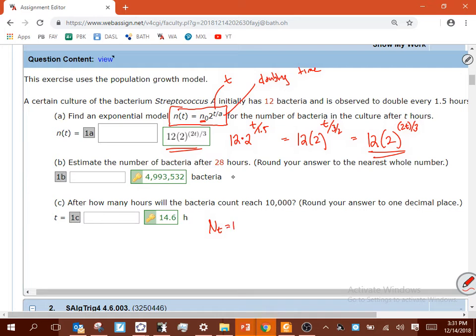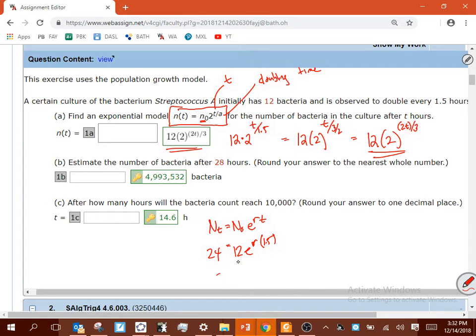N of t is equal to n sub 0 e to the rt. You're going through, saying the doubling. So if I start with 12 bacteria, e to the rt, I'm trying to double that, so it's going to be 24. The t we know to be 1.5, and we'll try to find the rate of growth.